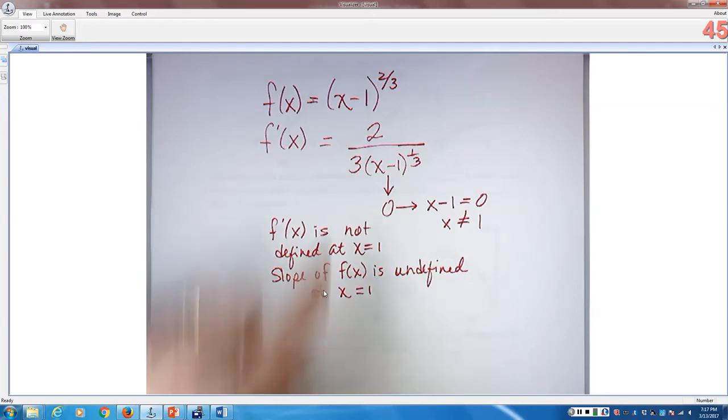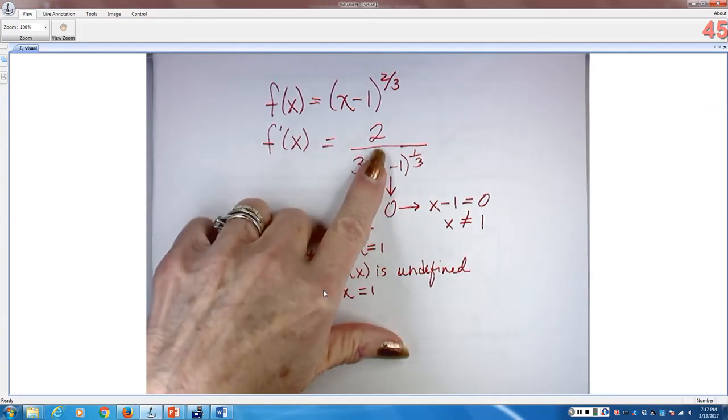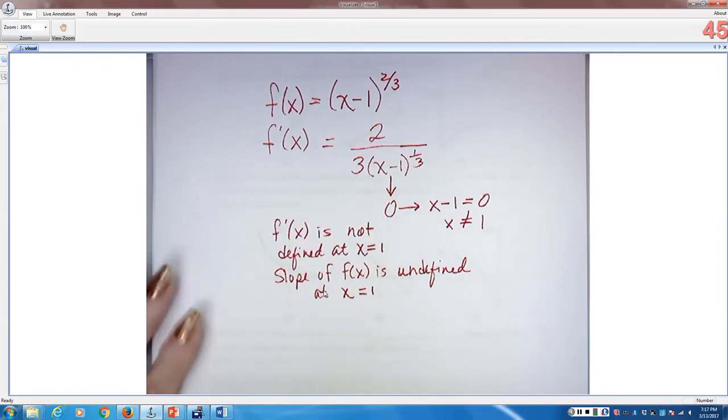The truth of the matter is this thing can never actually be equal to 0. You can try to set f prime of x equal to 0.